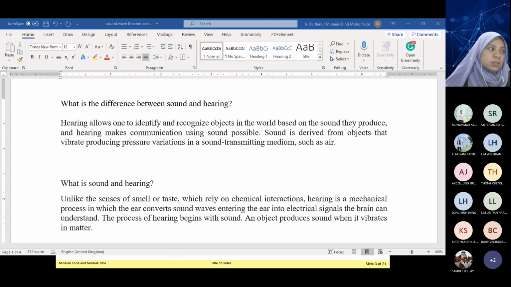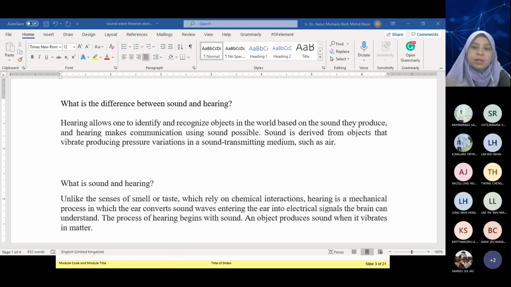Okay, so what is sound and hearing? Unlike the sense of smell or taste, which rely on chemical interaction, hearing is a mechanical process in which the ear converts sound wave entering the ear into electrical signals the brain can understand. Let's say you hear someone playing piano.